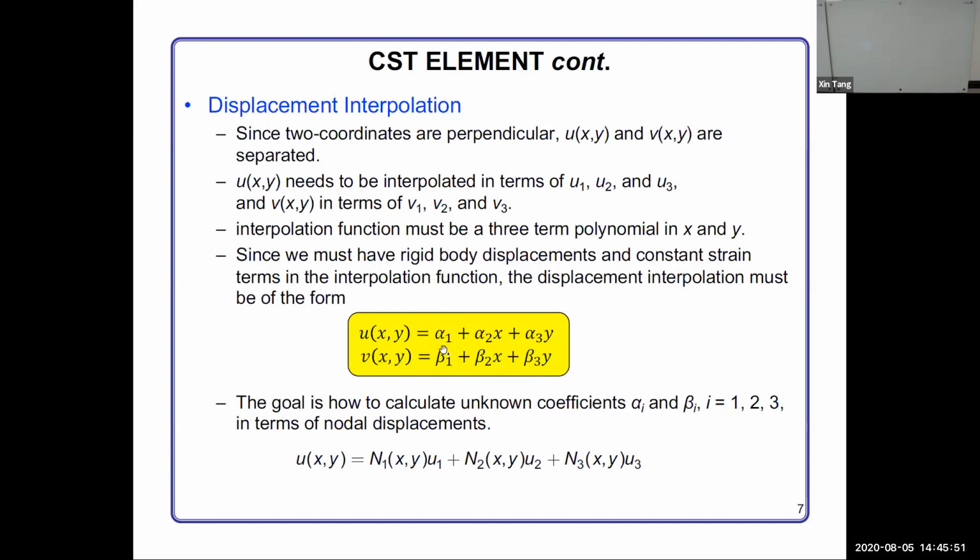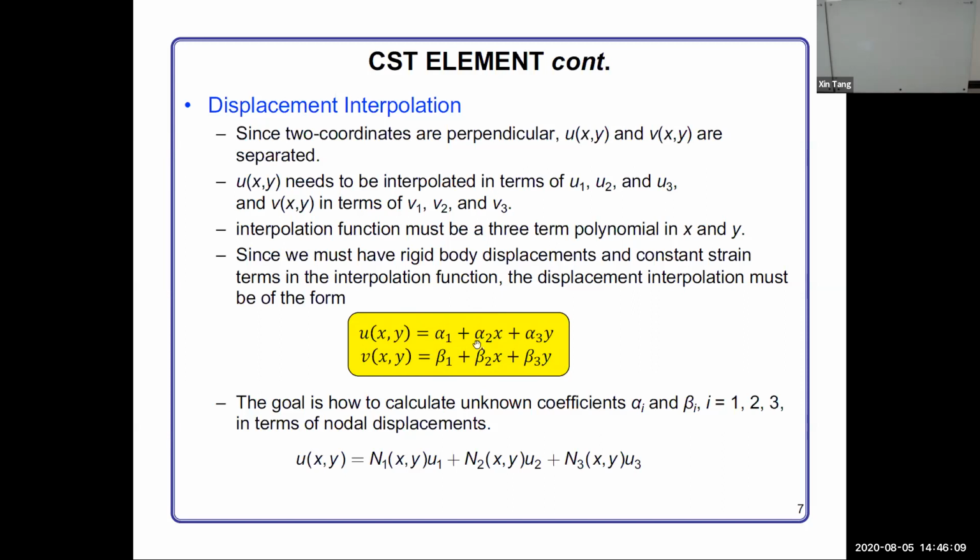So let's focus on the u displacement map first. As I said, we want to convert those alpha constant terms into the given displacement values.